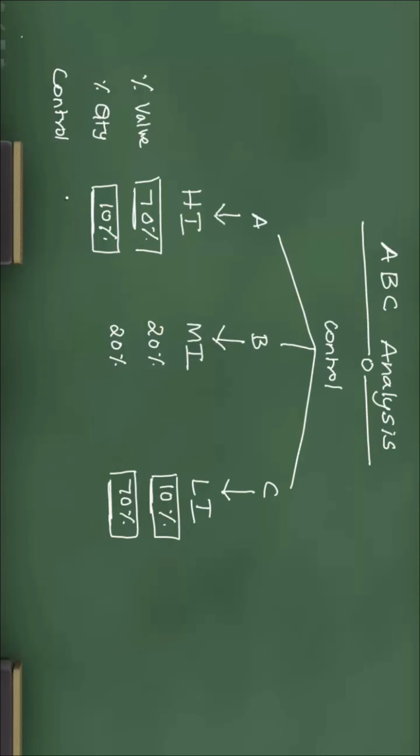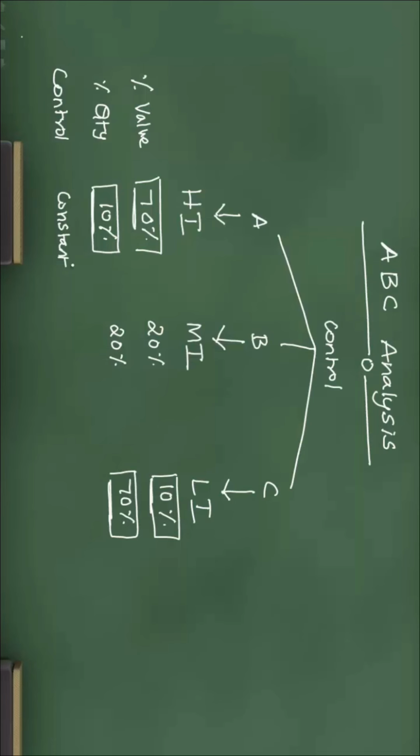We should have constant control on these materials which may be classified as A category. We should have strict control. We should check their stock levels periodically. We should have budgets. We should evaluate their ratios.